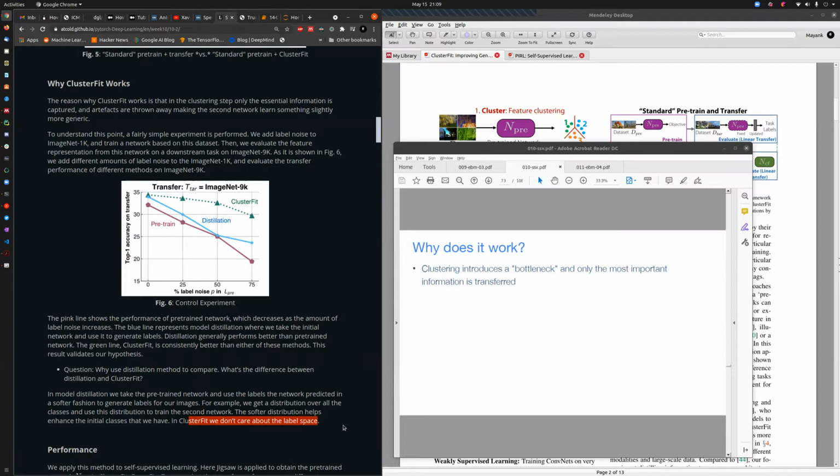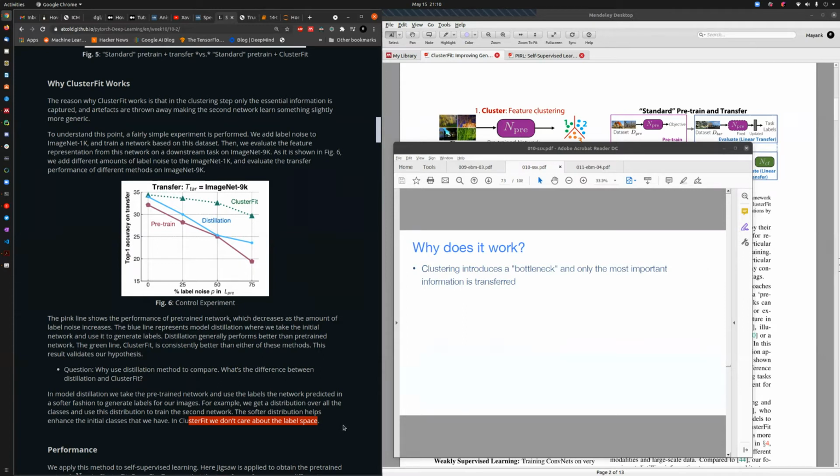Those can be fixed using some sort of energy based methods, in which you try to form a fine line between the different classes of images, or in the label space. So that's a kind of difference.